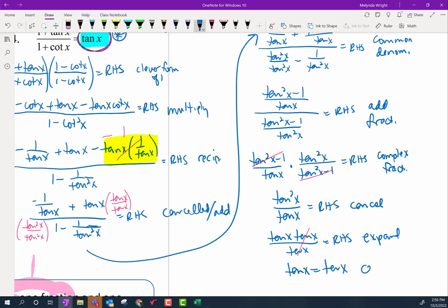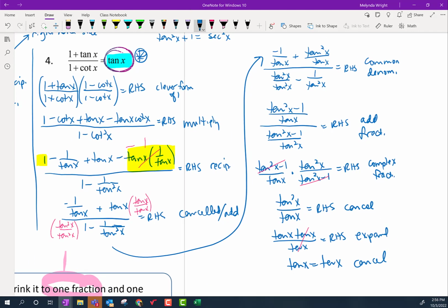And this is cancel. Okay, so I did 1, 2, 3, 4, 5, 6, 7, 8, 9. This proof was 10 steps. And we got where we're going. Okay, I'm going to give you just a moment to get that all copied down. Are there any questions on any part of that proof?